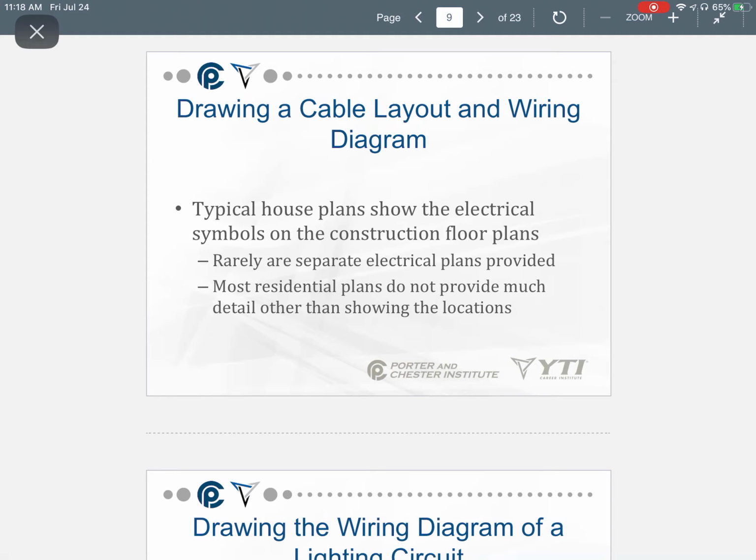You're not going to see electrical plans for houses, for residential dwelling units that often. Oftentimes, when we go into a house and do a rough-in, do the electrical installation, we're going to be working off of basically the code requirements and or the homeowner or the customer. They may have specific things that they want, or whoever we're working for.